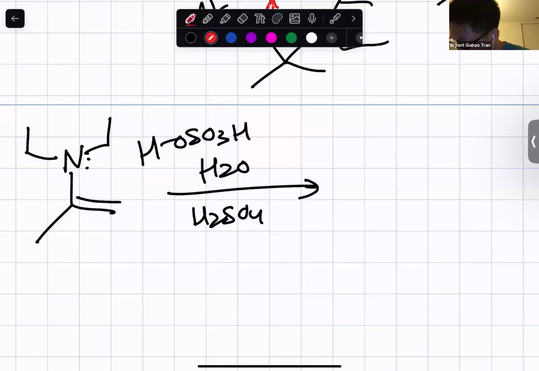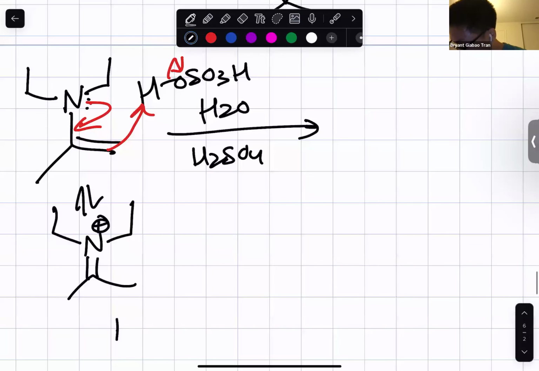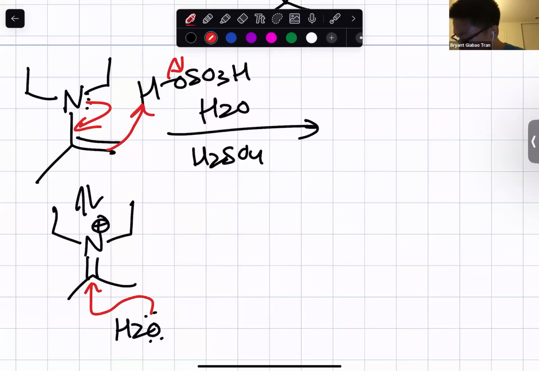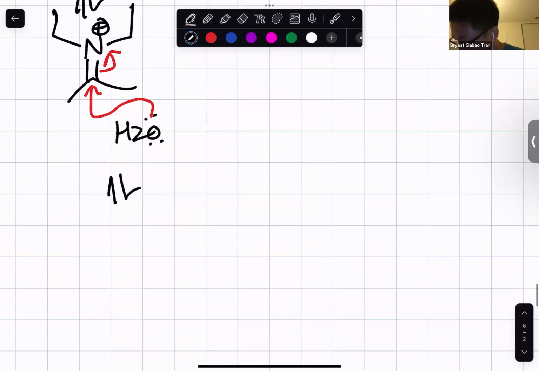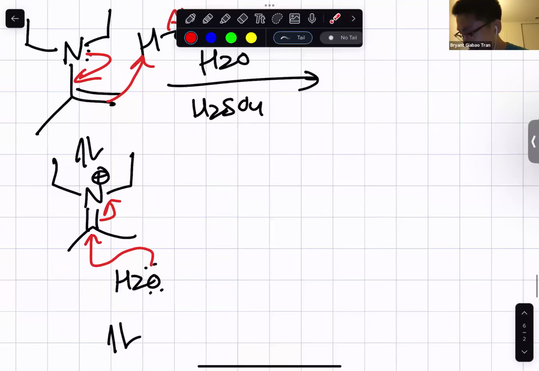We protonate the alpha carbon, which gives our activated imine bond right away, where the water can then attack that strong electrophile. The weak nucleophile water attacks the strong electrophilic iminium ion. From here, everything is the same. The biggest difference is this: you don't protonate the enamine nitrogen, you protonate the alpha carbon.